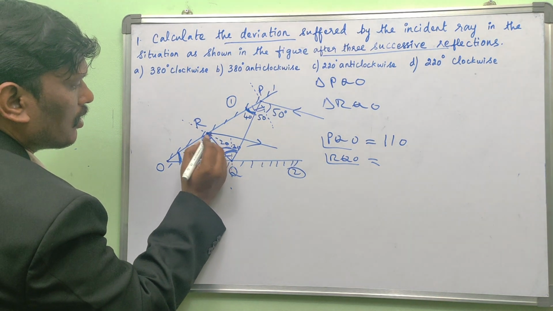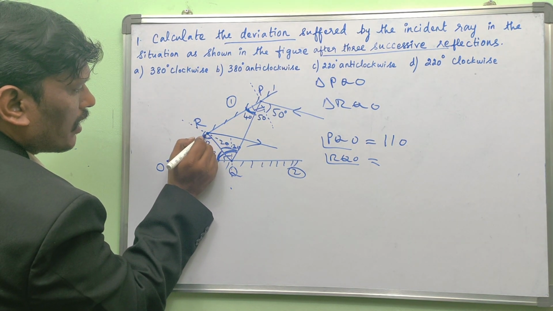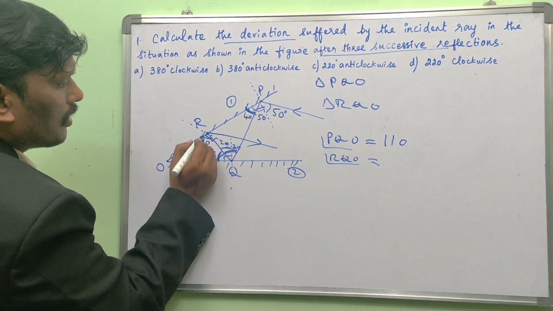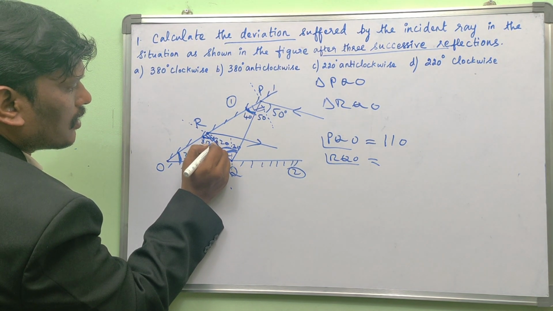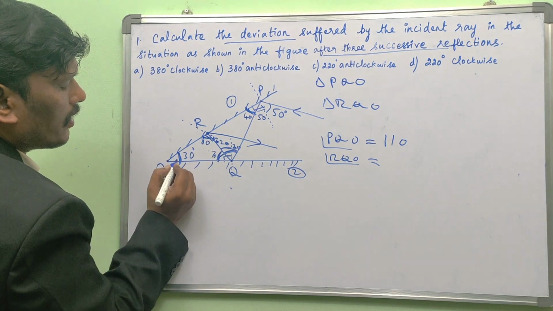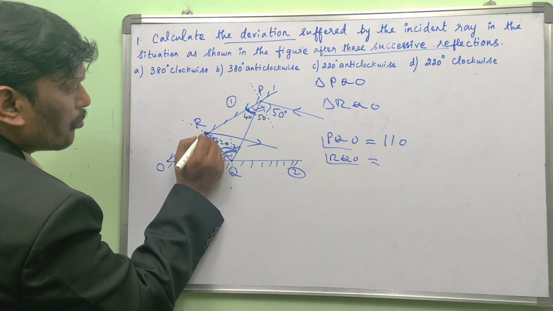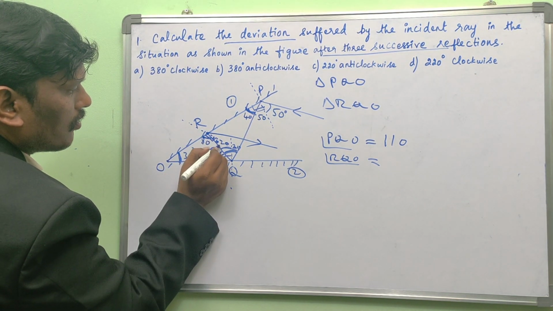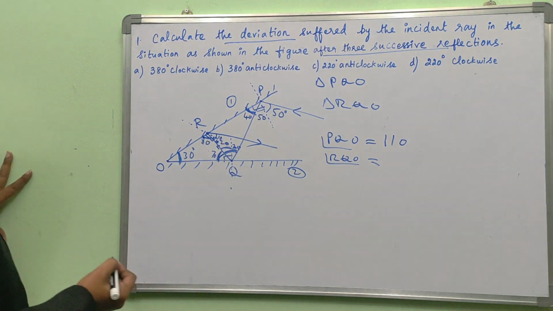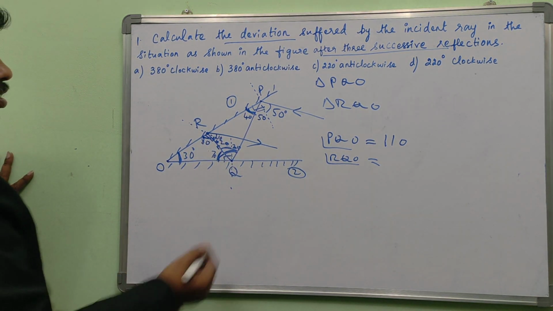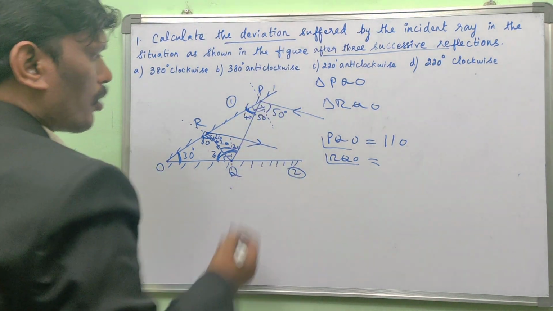The normal means this angle is 90. Then this is 80, so the remaining angle is 10 degrees. Then 80 plus 10 is 90. Now at point R, the angle of incidence is 10. Then what is the angle of reflection? 10.